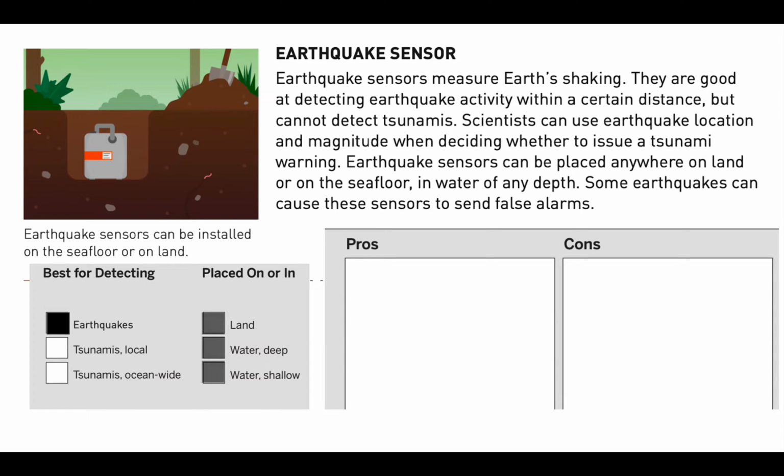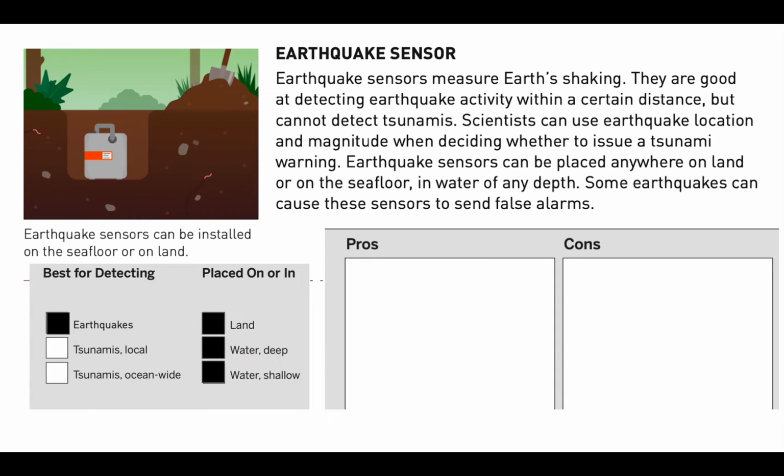They can be placed on land, water, and in the deep water as well as the shallow water. So when you're thinking about tomorrow, when you're going to start placing your sensors, if you want to use an earthquake sensor, you absolutely can, but know that it's only detecting earthquakes, and you can place it anywhere you want to.